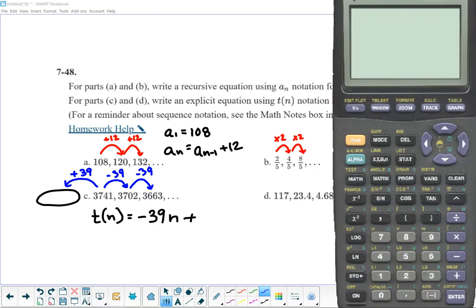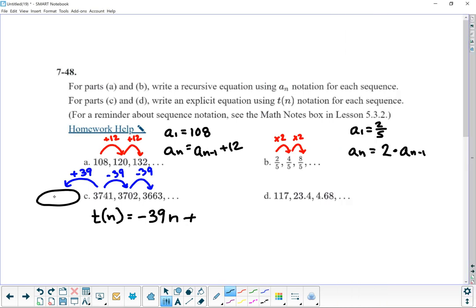So 3741 plus 39. So I need 3780. So that zero term is 3780. So that's going to be plus 3780. Right? And I can check. So this is my zero term, that's my first term, second term, third term.